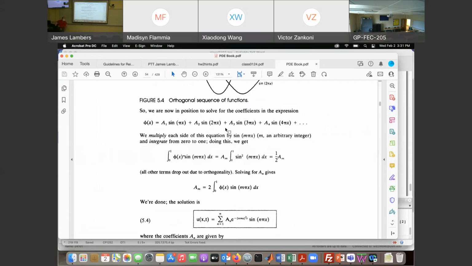Sorry, I can't hear. 0. Yeah, so you get 0. So any function of this form is going to be 0 at the endpoints, x equals 0, x equals 1. And that's why we use this kind of series for PDEs that have those kind of boundary conditions. Like if you have a type 1 boundary condition that's homogeneous, so the solution is equal to 0 at both endpoints, this is the ideal kind of series to use.